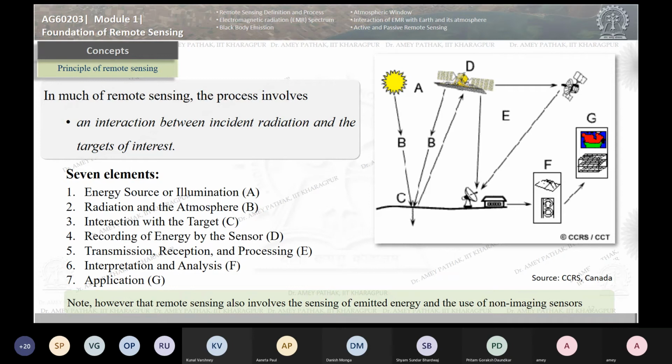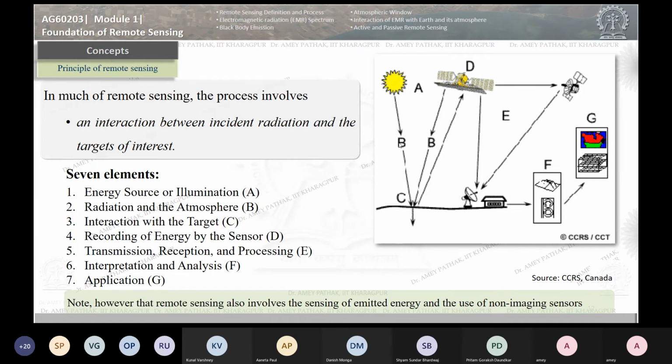Because of the presence of these different gases and their different properties, that energy interacts with, or we can say gets distorted or influenced by, that medium, which is our Earth's atmosphere. The interaction of that radiation with the atmosphere is shown with this B.